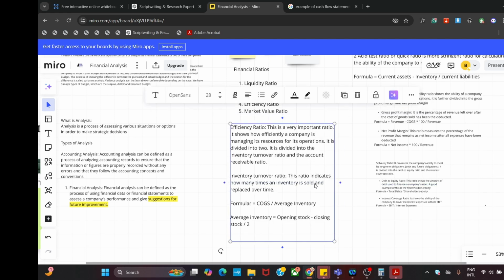Okay, so the next thing we are going to be looking at is the second division of efficiency ratio, which is the accounts receivable ratio.